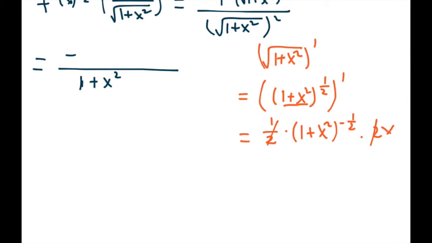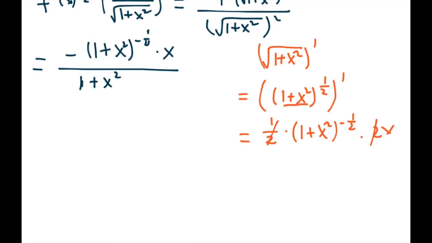What do we have for the numerator? It is just 1 plus x squared to the power of negative 1/2 times x.